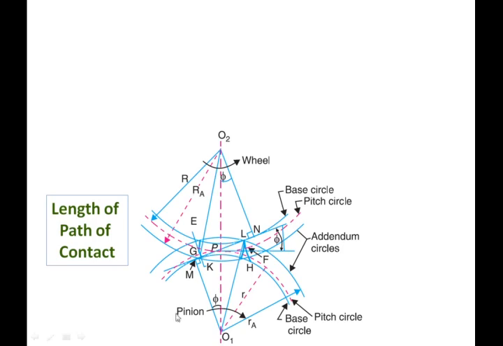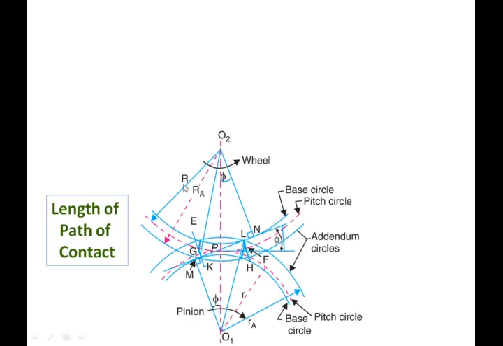So the gear with center O1, that is the pinion, our driver, is rotating clockwise, and in turn the wheel is rotating in anti-clockwise direction, and its center is O2. Small r and RA are the pitch circle radius and addendum circle radius respectively for the pinion.